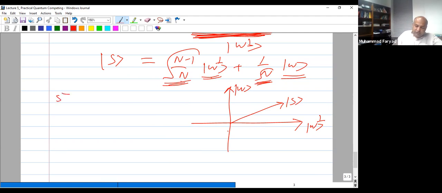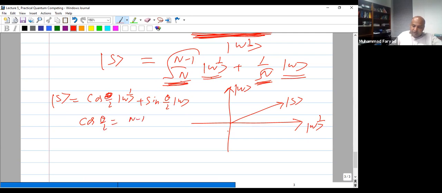So let's say that this is cos theta by 2, and this then must be sine theta by 2. There's a reason for choosing theta by 2 instead of theta, because theta twice appears somewhere else as well. So cos theta by 2 is the square root of (n minus 1) over n, and sine theta by 2 is 1 over the square root of n.